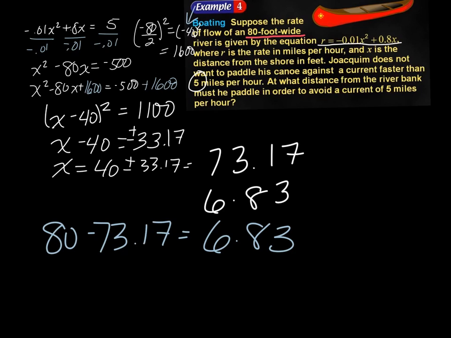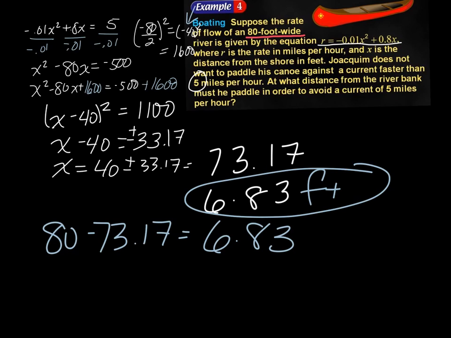Yup. So the answer that makes sense is the 6.83 feet, because if he's 73.17 feet from one shore, he's 6.83 feet from the nearest shore. And who's going to be counting to the nearest hundredth of a foot when you're in a river? So probably 7 feet would be fine.